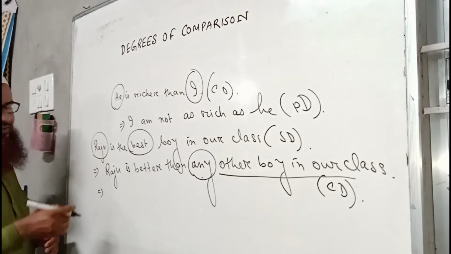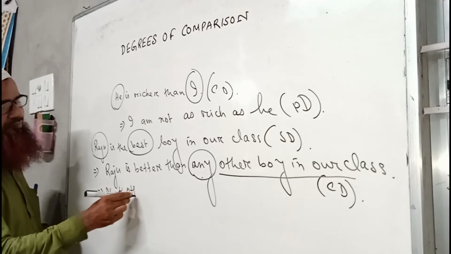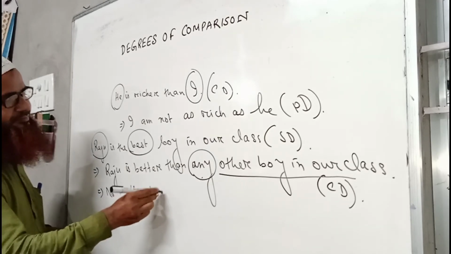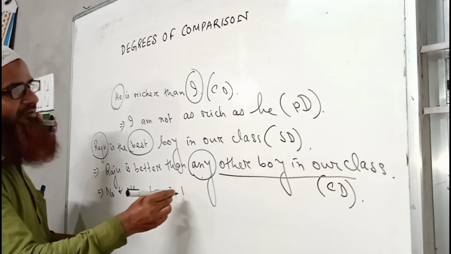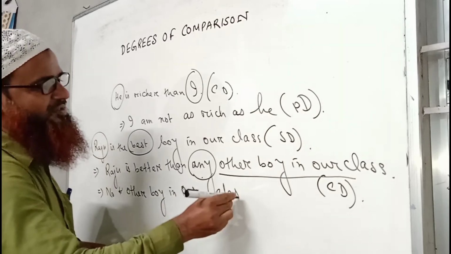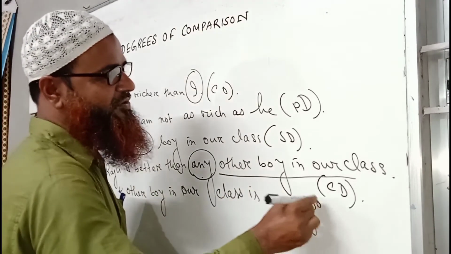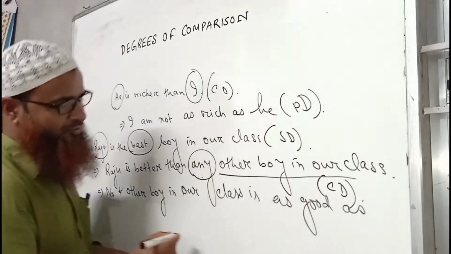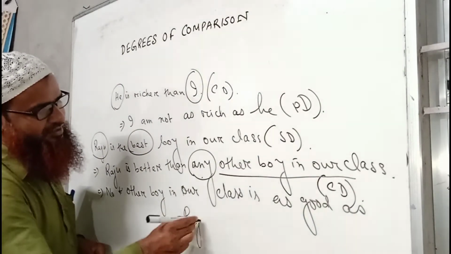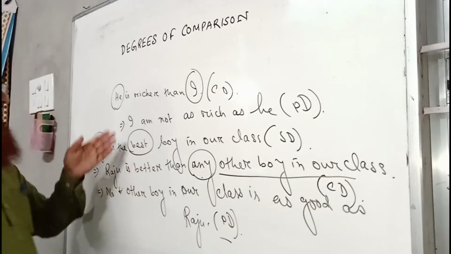So, no other boy in our class is as good as Raju. So good is the positive degree of best. So it will be the positive degree of this sentence.